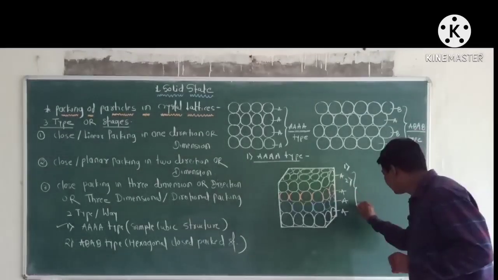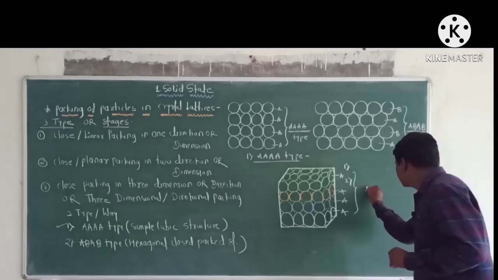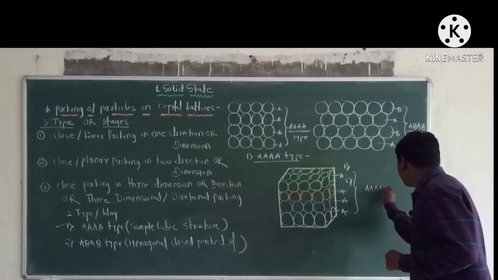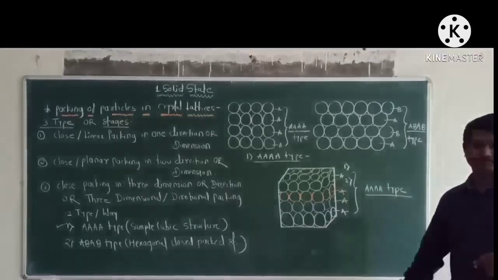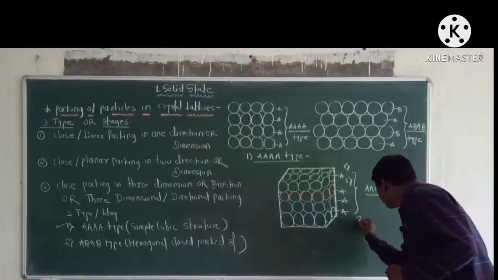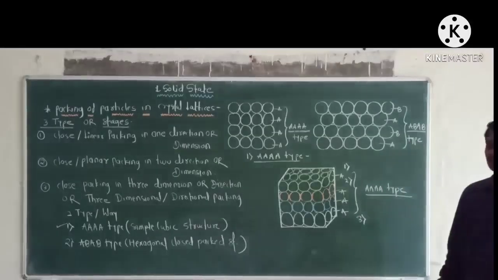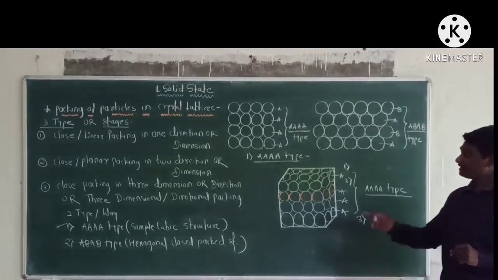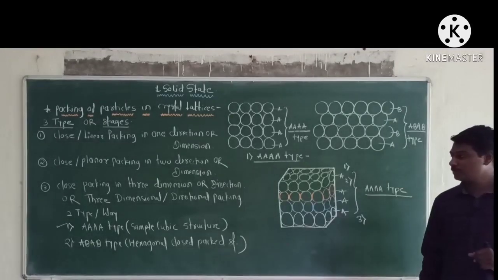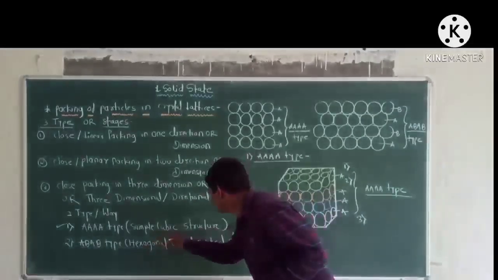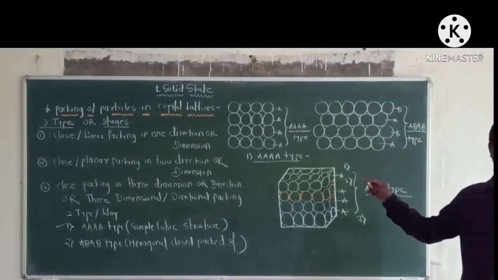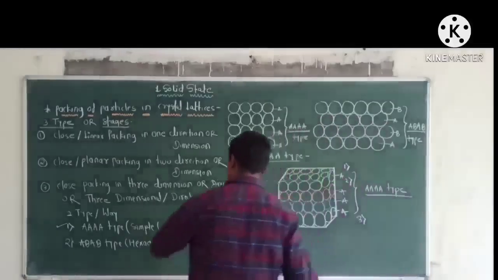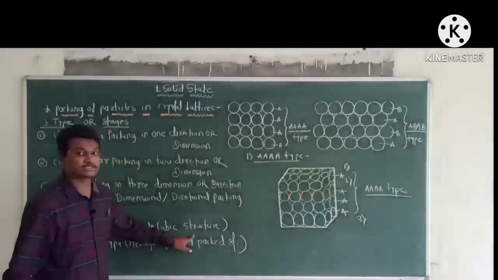So commonly or collectively it is called AA type. Okay, third point, the crystal structure made by such a packing is called simple cubic structure.